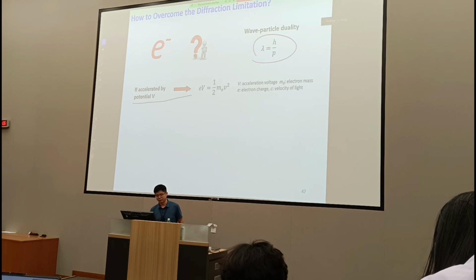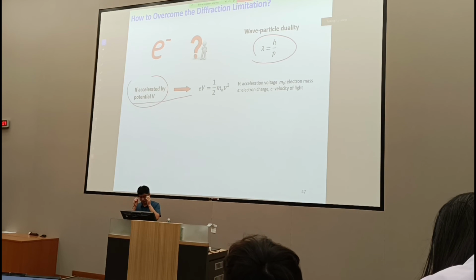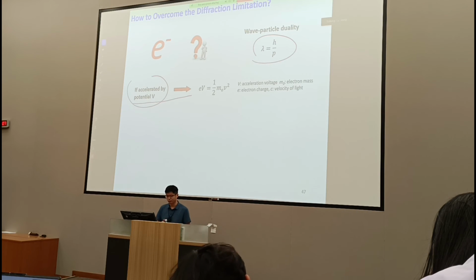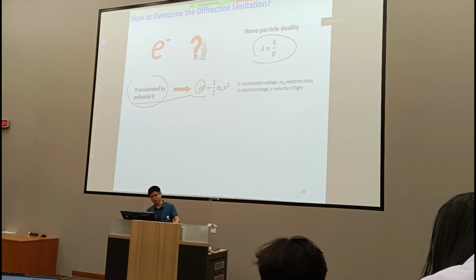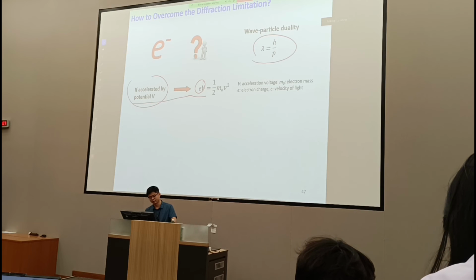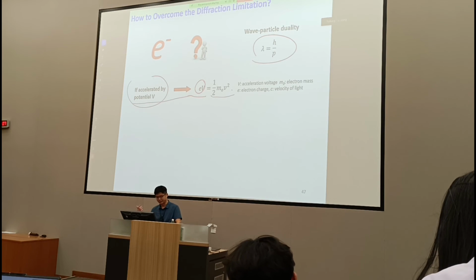The good thing is that electrons carry charge. Charge means they can feel an electrical potential. When you apply an external electric field, they can accelerate. But photons are neutral, so when you apply an electric field, it cannot accelerate the photons. The electrons gain energy when you apply the potential, so they get accelerated.